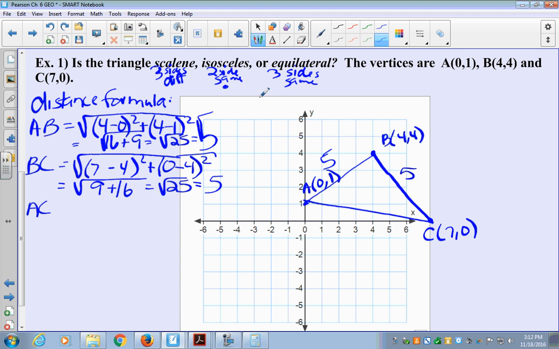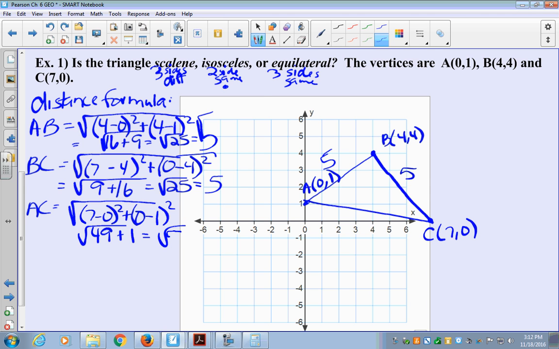The last one we have to do, and if it's 5, we definitely have 2 of the same sides. If AC is 5, then we have 3 of the same sides, but let's go ahead and check that. So for AC, we are going to subtract the x's, so that's 7 minus 0 squared, and subtract the y's, 0 minus 1 squared. And we get 7 squared, which is 49, and negative 1 squared, which is 1.